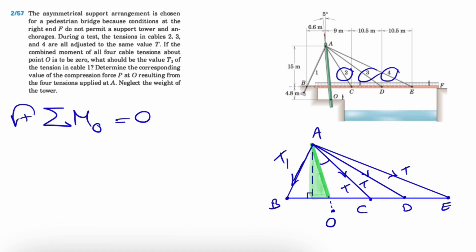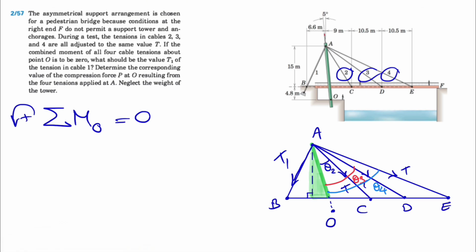Let's call the angle between AC and OA theta 2. I'm going to use a different color for 3, so this will be our theta 3, and the last one here is theta 4.